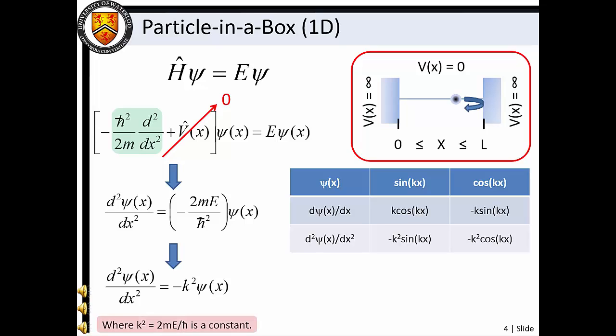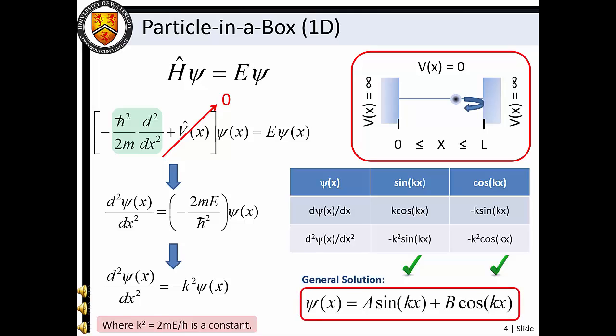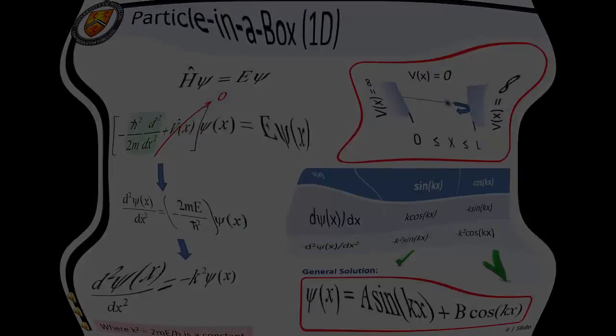For possible wave functions, we need look no further than sin kx or cos kx. Both of these functions are continuous and single-valued, and both satisfy the Schrödinger equation, since the second derivative of either returns minus k squared multiplied by the original function. In fact, we could propose a general solution that employs both the sine and cosine functions.